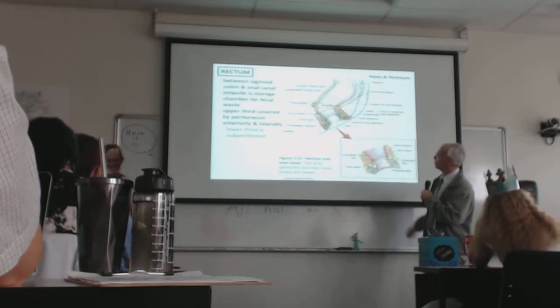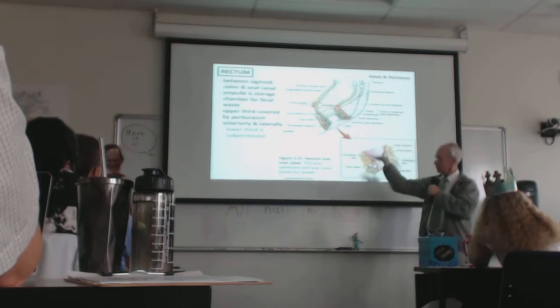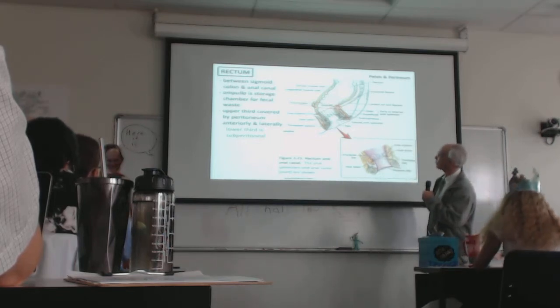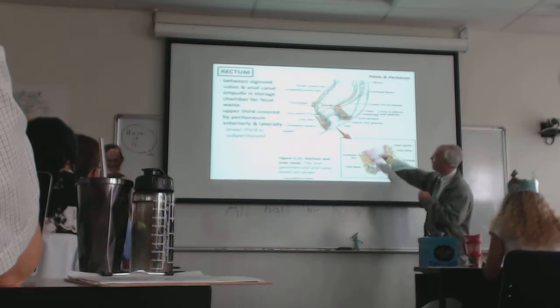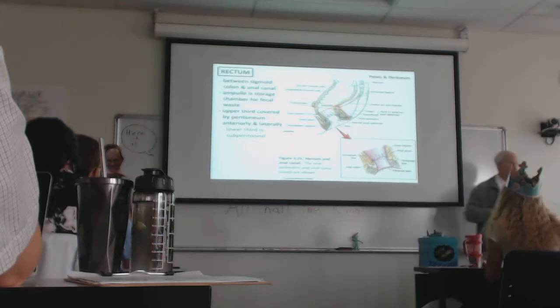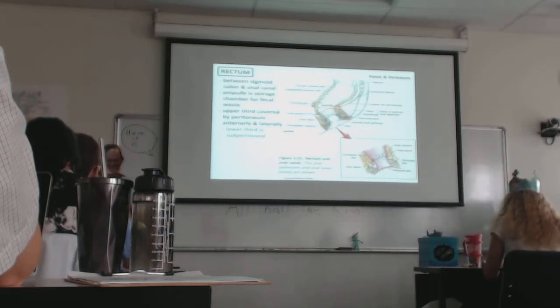It's called the puborectalis, and you can see the puborectalis is pulling the rectum in such a way that everything distal to it is called the anal canal. That little red block that you see, the red rectangle, is being enlarged down here as the anal canal.